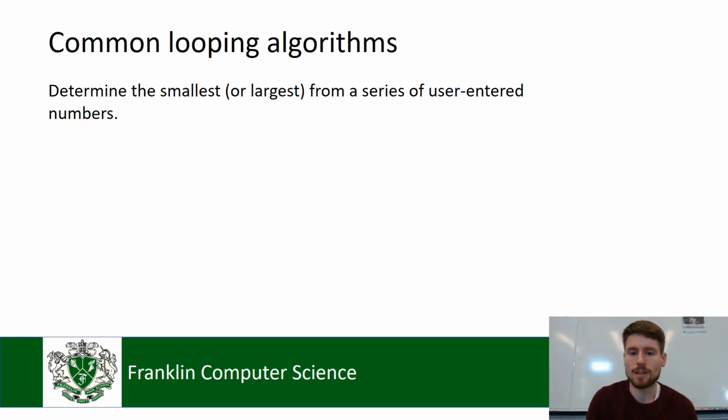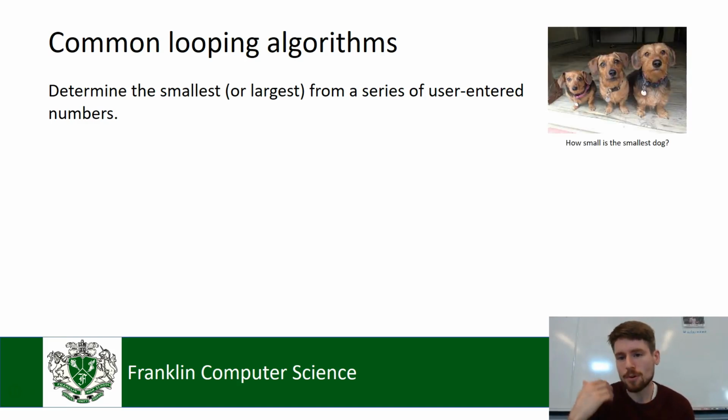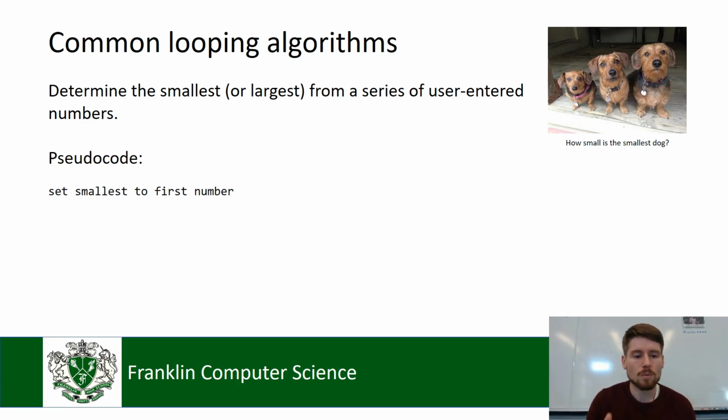It's a common algorithm. So for example, here's a bunch of puppies. They're like little wiener dogs, and you want to ask the question, how small is the smallest dog, right? So here's some pseudocode to get us started thinking about how you would find the smallest from a series of user inputs. They're going to type a number in to begin with.